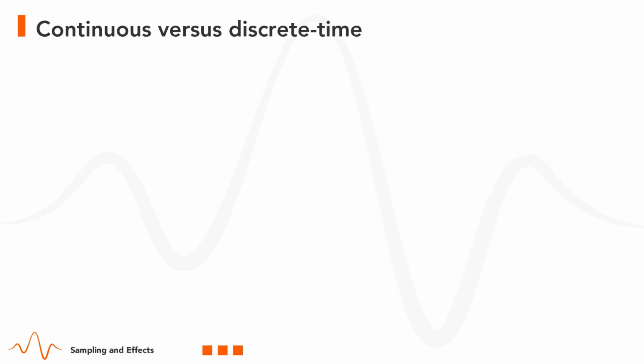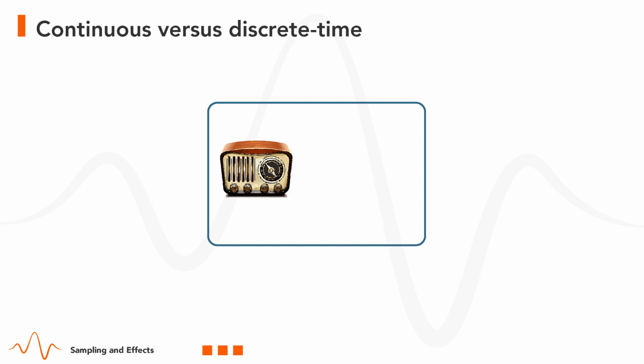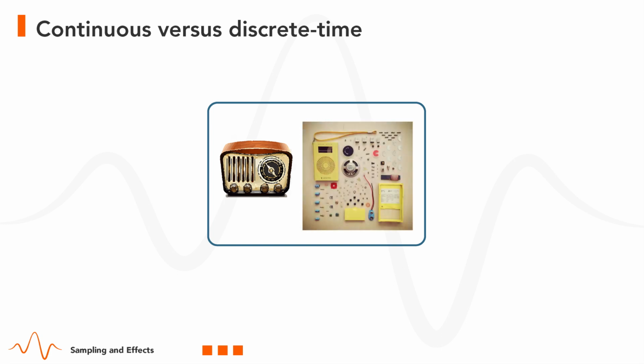Let us start with some motivation for sampling. Before the massification of digital computers, the main paradigm for treating signals was to do so in continuous time. Still today, if you buy a small radio and you open it up, chances are that it has no microprocessor. It has only electric components such as resistors, condensers, coils, and transistors.